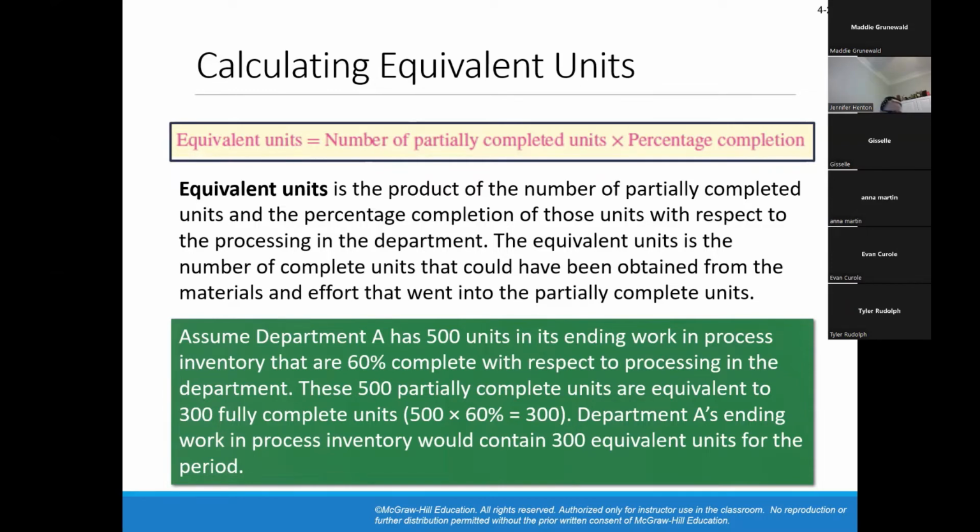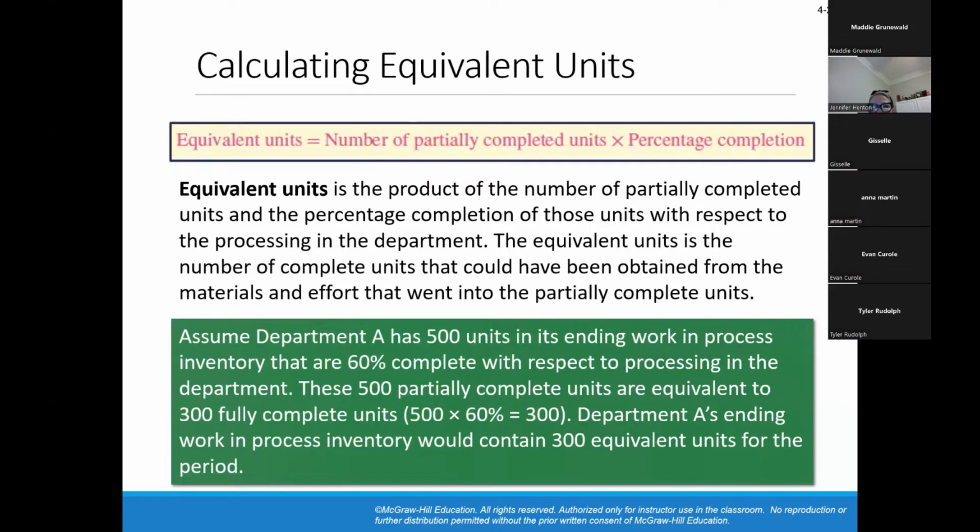So let's look at Department A. We're assuming that we have 500 units in ending work in process, and that 60% of that 500 are complete. So not 100%, right? Can't take all of those units out because they're not complete. So we have 60% complete with respect to the processing department.